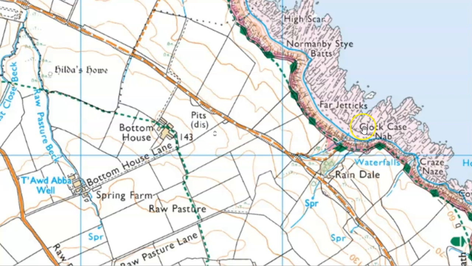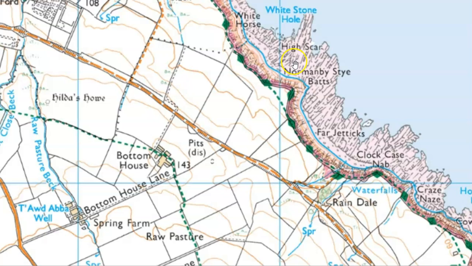So the exact photo location, I got as close as I dare to the edge just beyond this wall here, and I was looking across to that headland sticking out there with the finger of rock poking out to sea. So that was your answer this week.